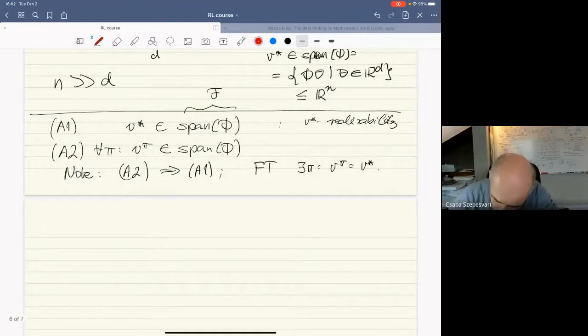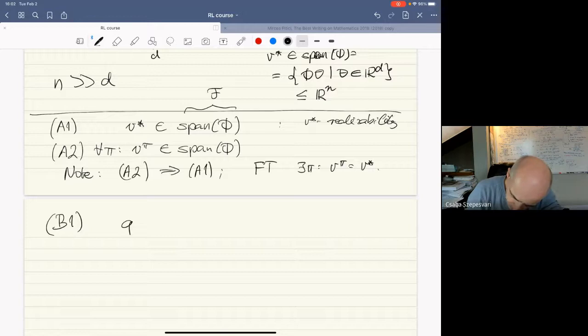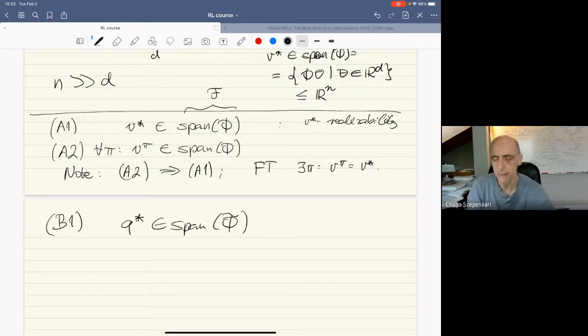There are other assumptions. So we learned about Q functions, action value functions. So we can have an assumption that Q star is in the span of, I should write, phi tilde, because phi tilde is the basis functions of state-action pairs. So it's a different object.